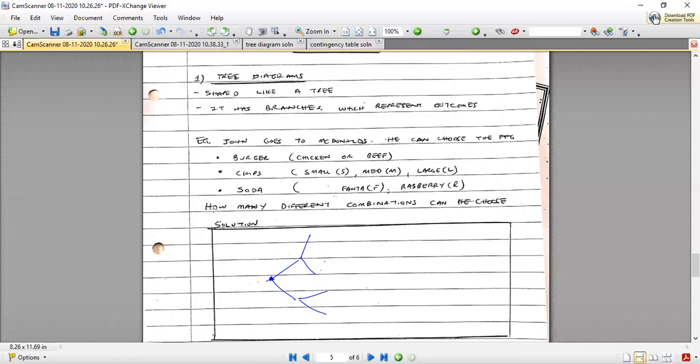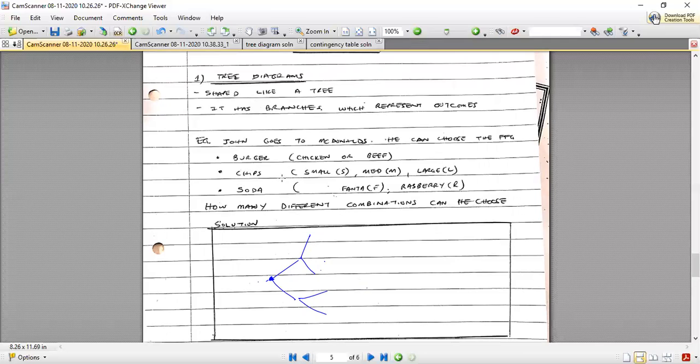The best way to illustrate this is through an example. So John goes to McDonald's and he can choose the following: a burger, which could be either chicken or beef. He could choose chips, small, medium, and large from the menu, and a cool drink or soda, which could be Fanta or raspberry. So how many different combinations can he choose?